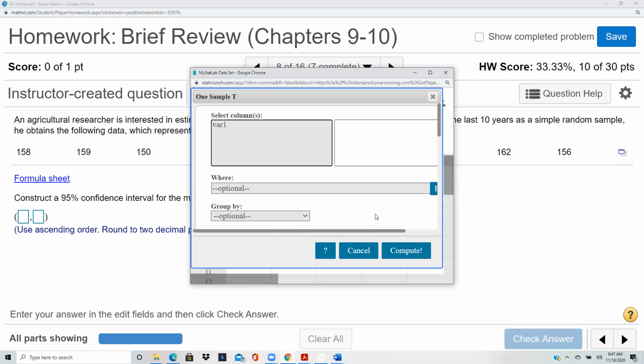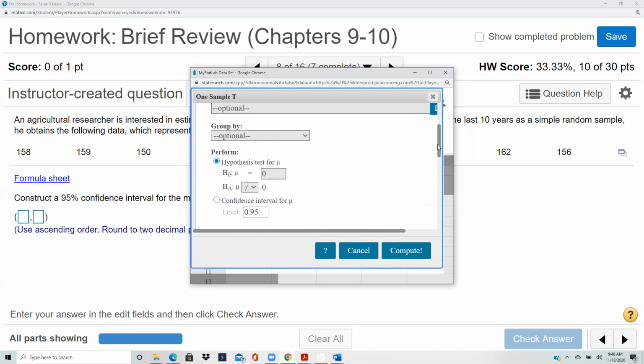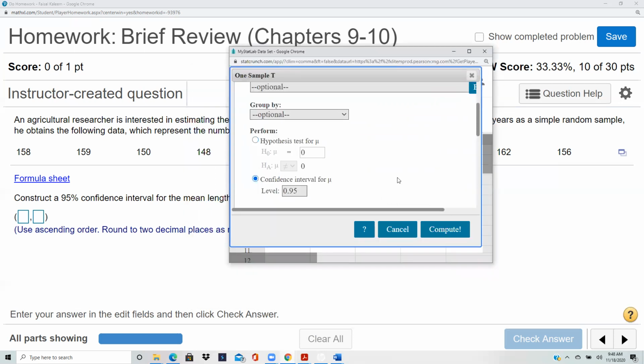Gives us confidence. You select the column and then 95% confidence and compute.